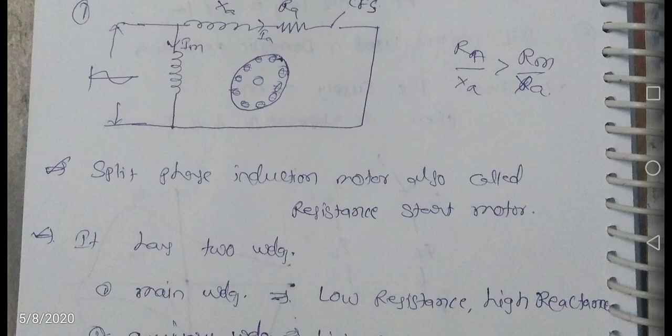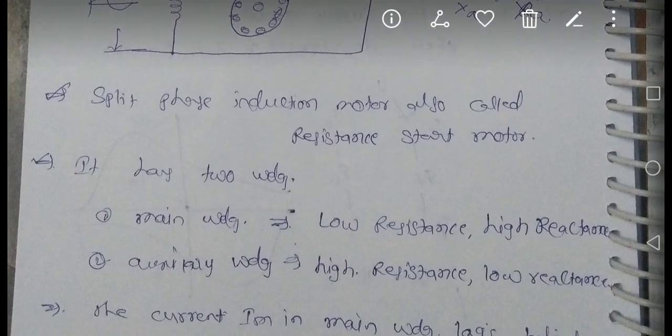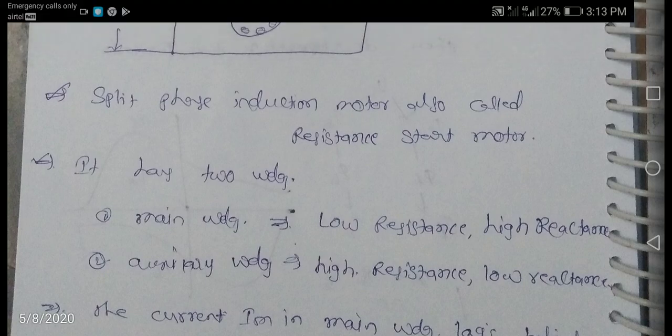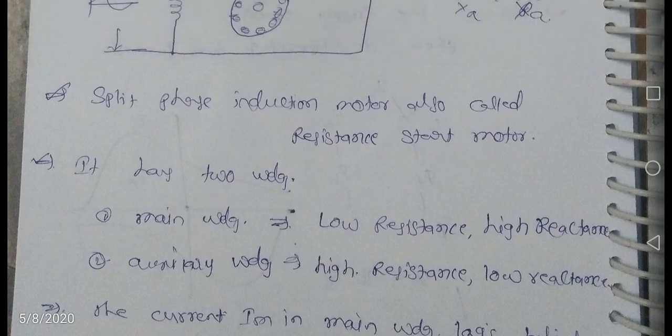But in the auxiliary winding, the resistance is connected in series to the auxiliary winding. So the auxiliary winding has high resistance and low reactance.